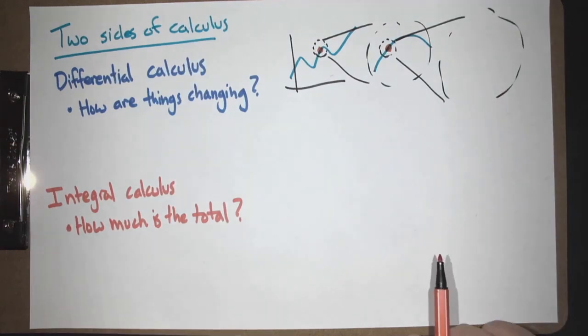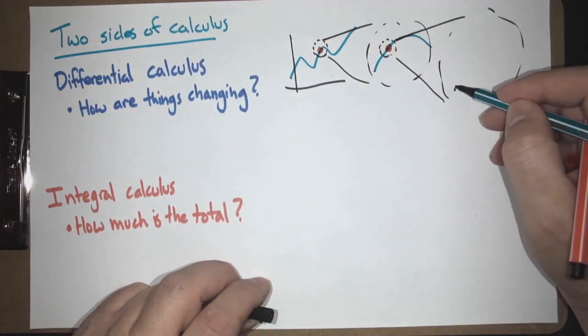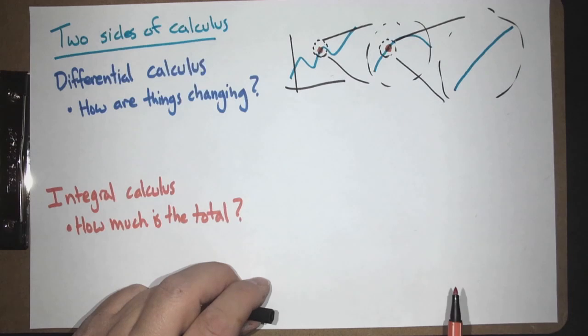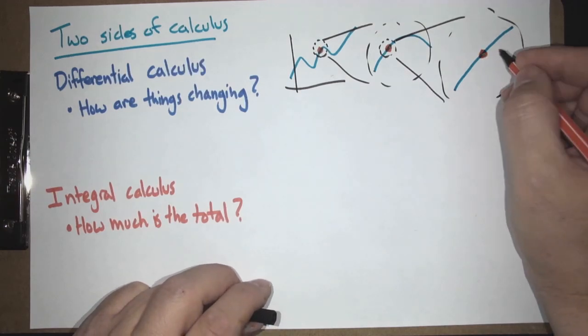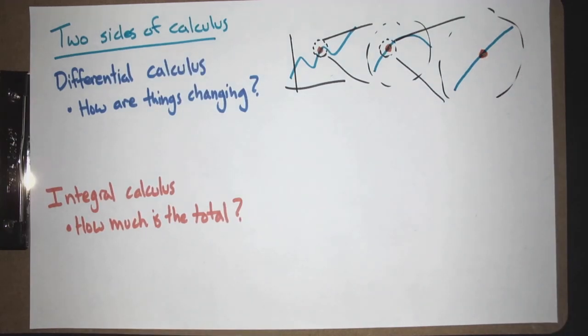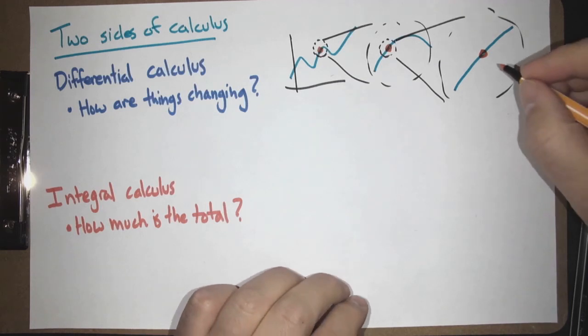And so we said, if you zoom in, then lo and behold, things look flat. They look like lines. With lines, it's easy to talk about rates of change because that corresponds with slopes, and the idea of derivative is born. Okay, so that's differential calculus. We understand how things are changing by looking at these tangent lines and rates of change.